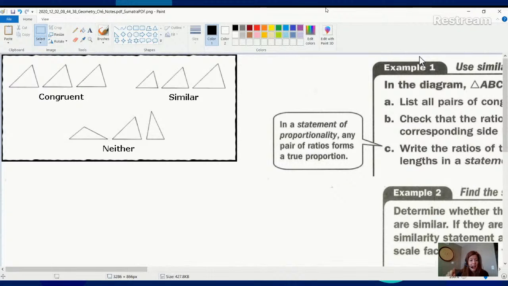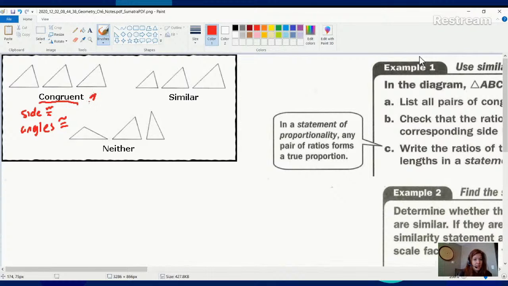All right, so we're talking about similar polygons. So that's kind of a new word for us, right? And so right here, there's a picture of the different terms that we've talked about so far. So we've talked about what it is to be congruent, right? Congruent means all your sides are congruent, and all your angles are congruent.